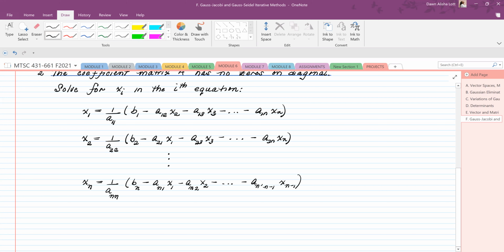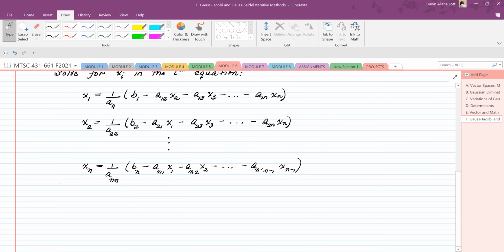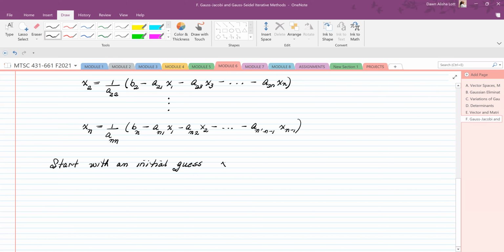Now what we're going to do is start with an initial guess. Our initial guess is going to look like x naught, which is x1 naught, x2 naught, all the way down to xn naught. So that is my initial guess.